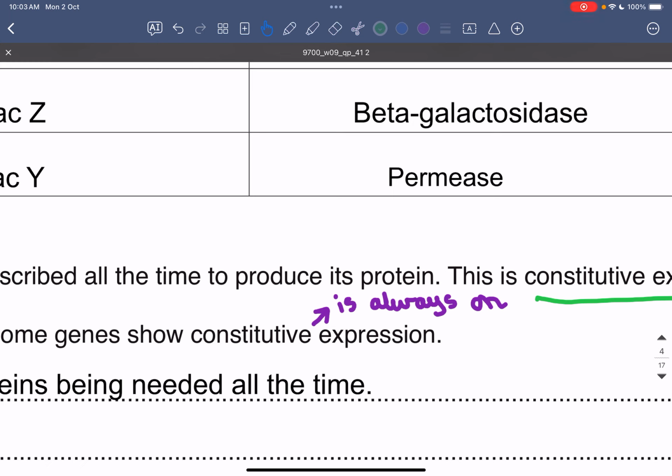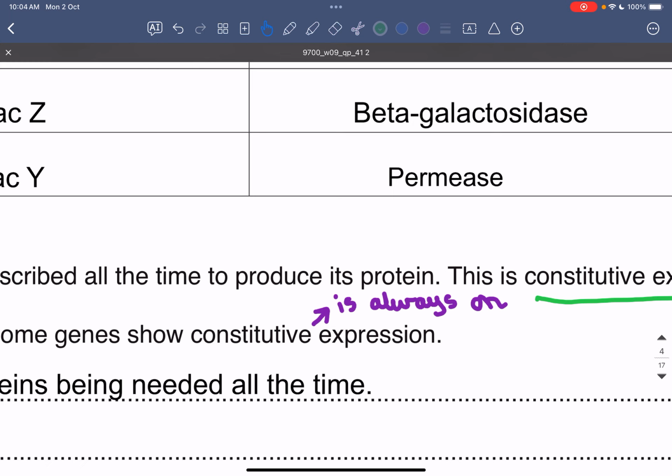The gene for making insulin is present in all the cells of our body, but insulin production only takes place in the pancreas. I repeat this point again. The gene for making, or the code for, insulin production is present in all the cells of our body, but insulin is only produced in the pancreas.